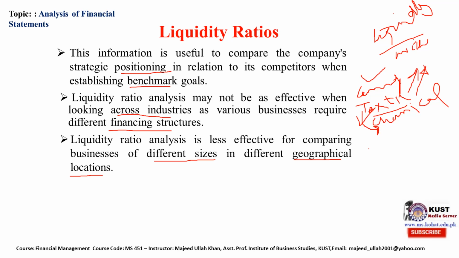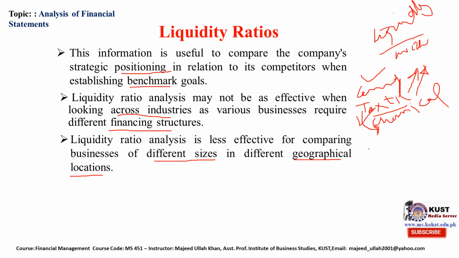Similarly, we cannot compare a firm operating in the southern region of KPK with any firm operating in, let's suppose, the state of Uttar Pradesh in India. We will have to compare firms located in the same geographical location, under the same regulations, same laws, same environment, and same infrastructure. So these are some points we have to keep in mind when comparing firms' liquidity ratios or any other ratios.